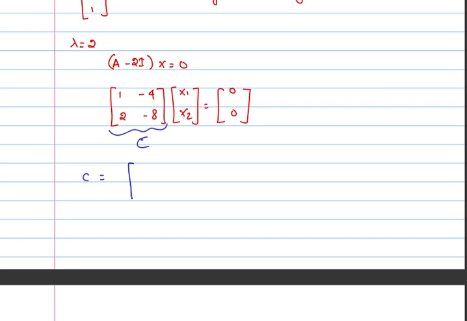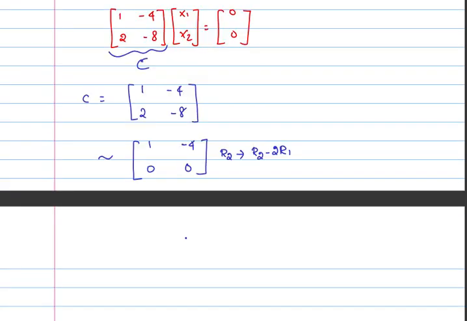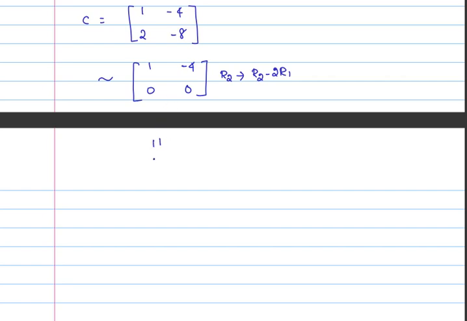C equals [1, -4; 2, -8]. This is the pivot position, which is already 1, so I write it as it is, 1 minus 4. I want to make this entry 0, so R2 becomes R2 minus 2 times R1. This entry is 0 and this one is also 0. Now consider this matrix as U2. So the null space of C equals the null space of U2.